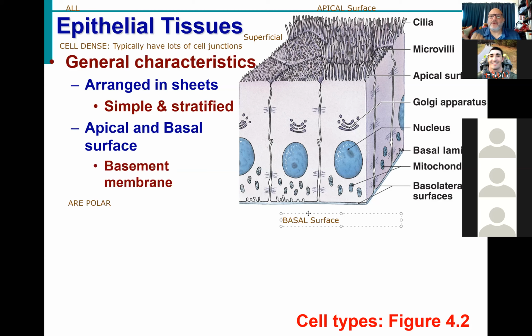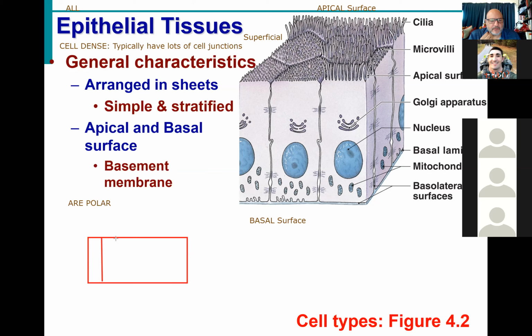Now, there are 2 special things about epithelial tissues, and I'm going to go ahead and draw one again here. Let's draw this one so we can see. So what type of tissue am I drawing here?